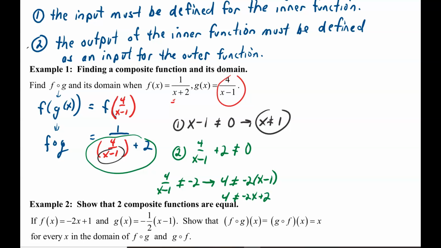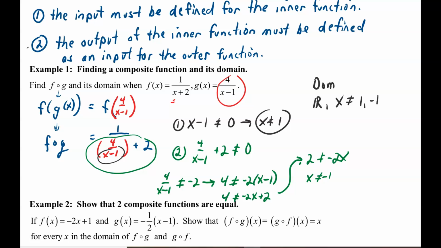Subtract 2 from both sides, and we get 2 cannot equal negative 2x, or dividing by negative 2, we now know that x cannot equal -1. So our domain for this composite function is all real numbers except x cannot equal 1 or -1, sorry.